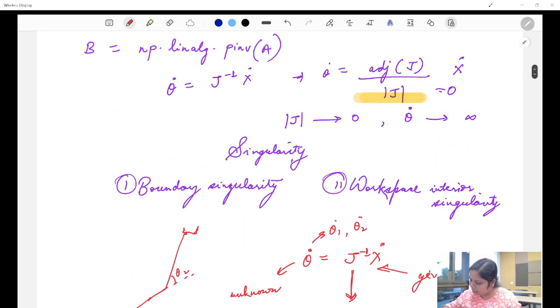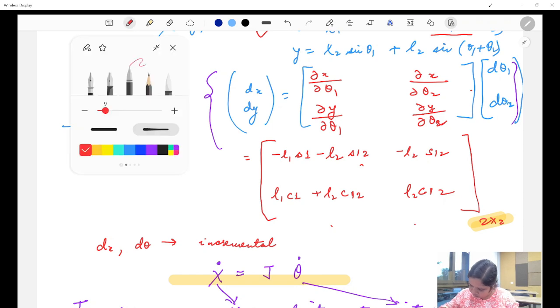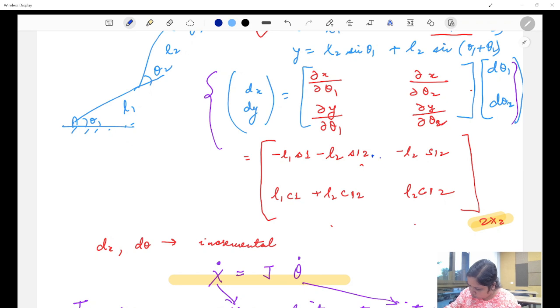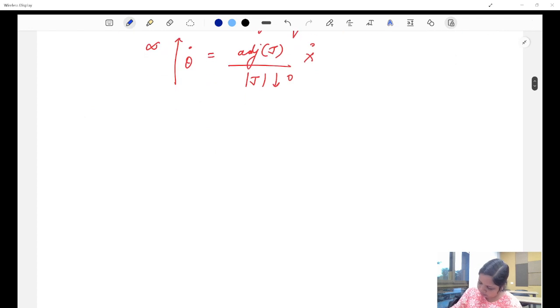For this 2-link manipulator, you have already gone through this in the lecture, but still I want to take this. If you find the determinant of this, you multiply both of these terms and then subtract the multiplication of these terms. You have already seen that the determinant is L1 L2 sine theta 2, right?